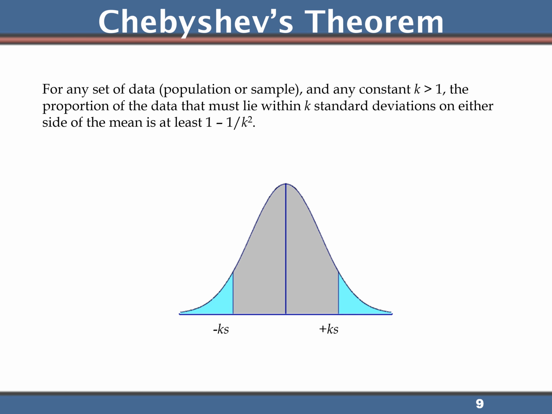This can be expressed more formally by Chebyshev's theorem, which states that the proportion of the data that must lie within k standard deviations of either side of the mean is at least 1 minus 1 over k squared.